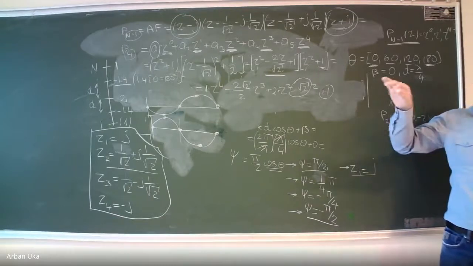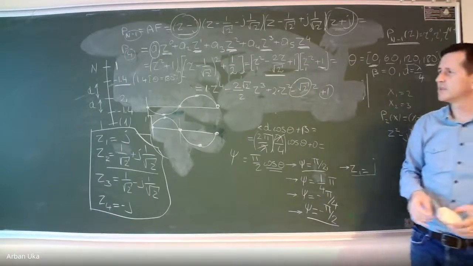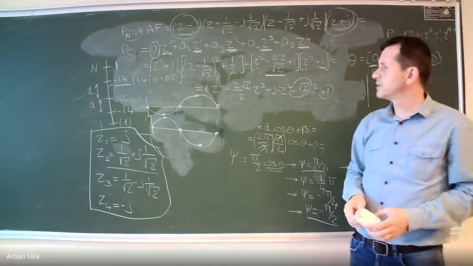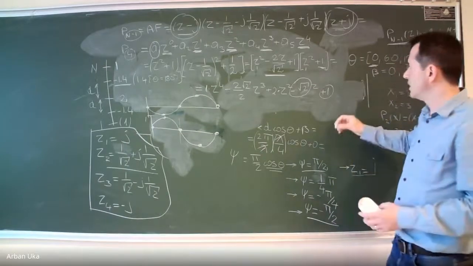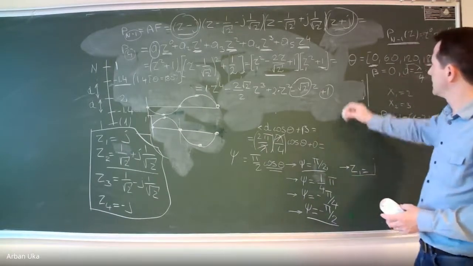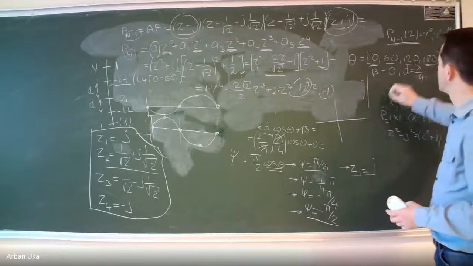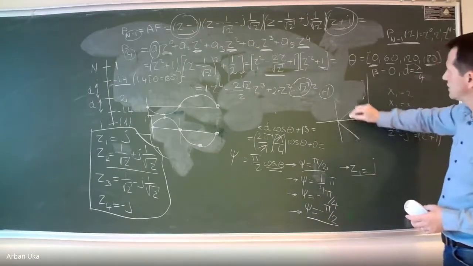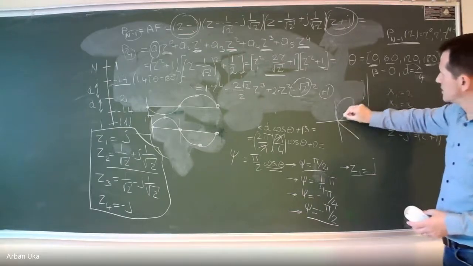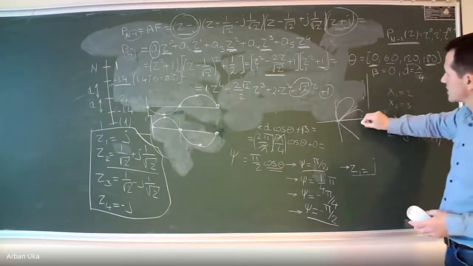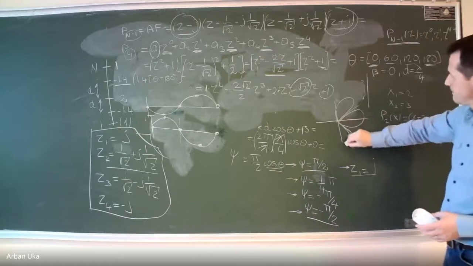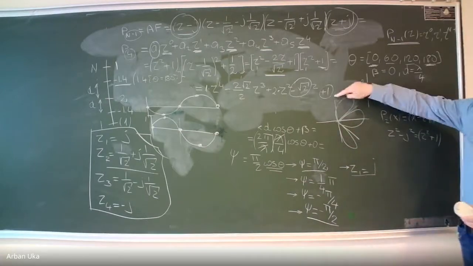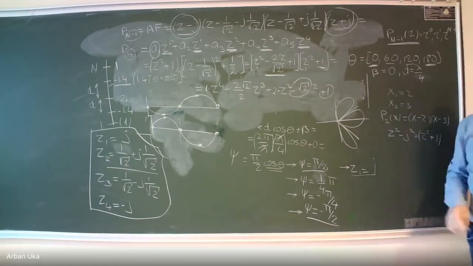So in some directions they're going to add up together, but in some other directions we're going to get zeros. So if we are to draw the radiation power, here we have an angle of 60, this is 120, and then the distributed power is going to look like this, because we have a null here, here, here, and here.